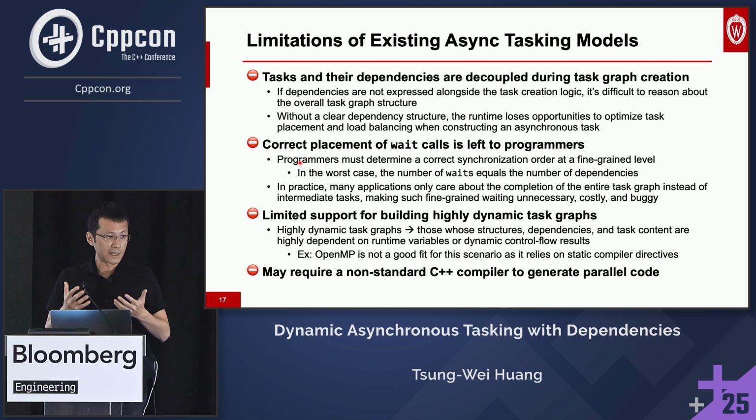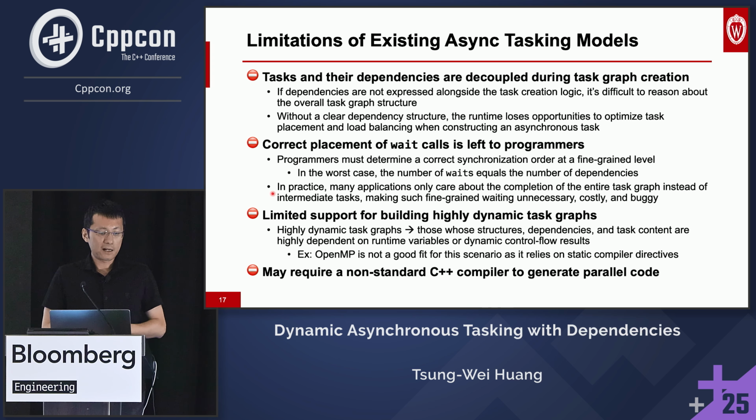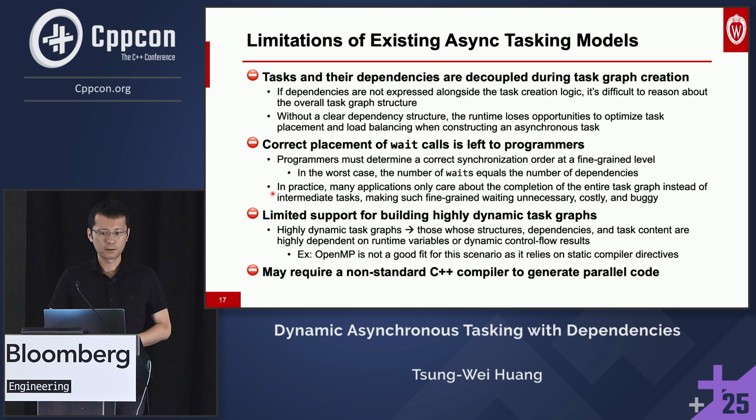And when your graph becomes very large, this can become very messy. In practice, many applications only care about the completion of the entire task graph instead of intermediate tasks. That also makes such fine-grained synchronization unnecessary, costly, and very buggy.